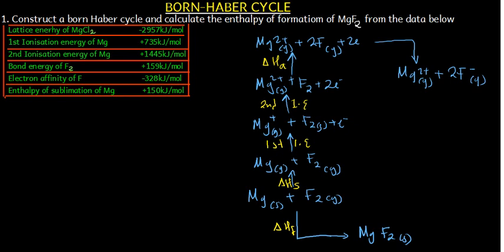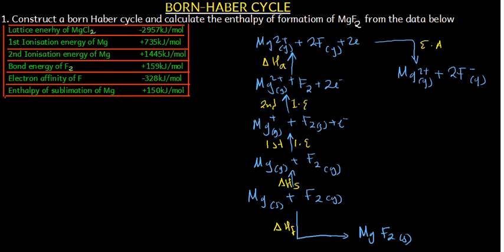So electron affinity is the energy change when a gaseous atom takes in electrons, or a gaseous atom gains some electrons. So at this point we have electron affinity. Let me just call it EA.